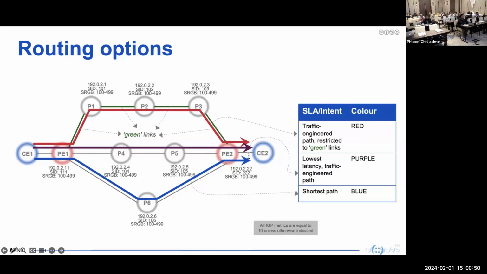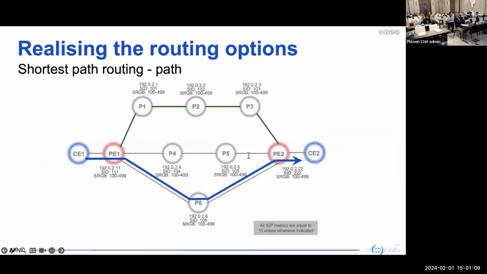In fact, the blue, purple, and red are the names of the SLA. The blue is the shortest path, the purple is the low latency path, and the red is the restricted path that uses only the green links. And the green is a group name of the links. I know it is confusing, but the original author of the slide wrote it like this, so I have to present it this way.